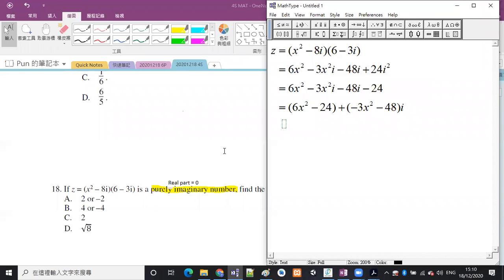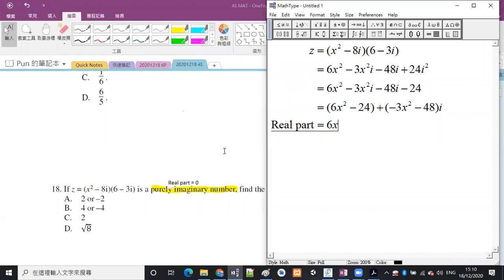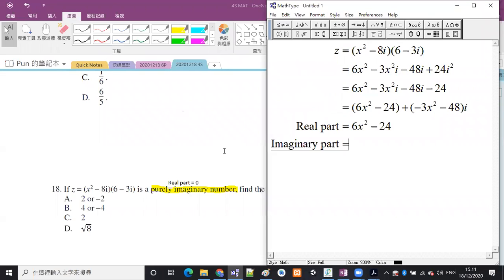So we have the real part being 6x squared minus 24, and the imaginary part equals -3x squared minus 48. But the question tells us that it is a purely imaginary number. So I need to put my real part to be 0.